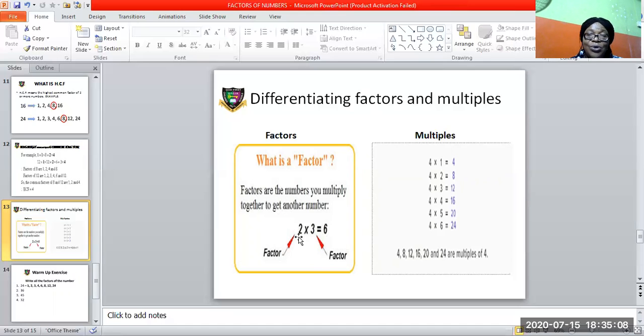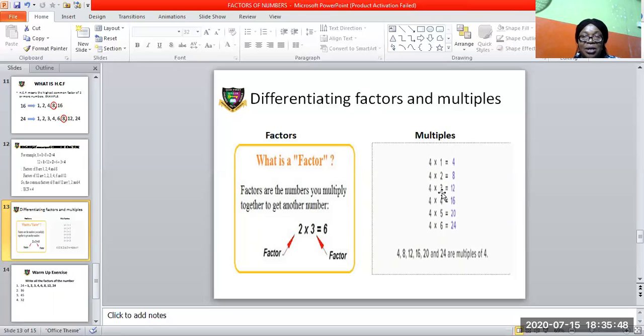Your factors are those numbers you multiply together. 2 times 4 is 8, so 2 and 4 are the factors. 4 times 4, 4 and 4 are the factors. The factors here will be 4 times 3. 4 and 3 are factors of number 12. 12 is the product.